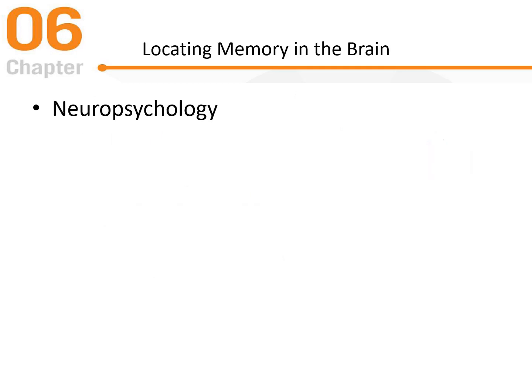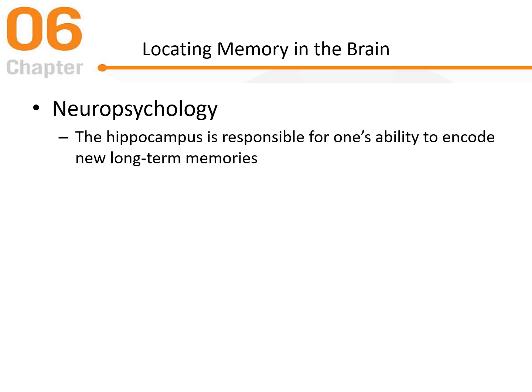Now we can look at the neuropsychology of basically just locating memory in the brain. What we find is that the hippocampus is responsible for your ability to encode new long-term memories. And we know that impairment or damage to the hippocampus can really affect the ability to encode new long-term memories. We know this based off of case studies. We have evidence from patients such as HM.